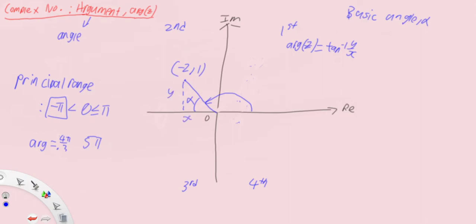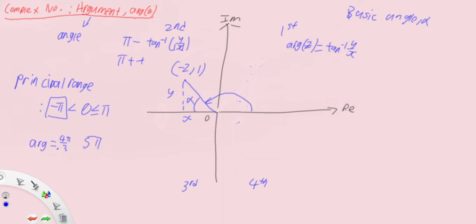You have pi minus tangent inverse y over x, more specifically modulus x, because x is negative. Alternatively, if you don't want to play with the modulus, pi plus tangent inverse y over x, because tangent inverse y over x in this case would give you a negative angle. Pi plus a negative angle would then give you the argument.